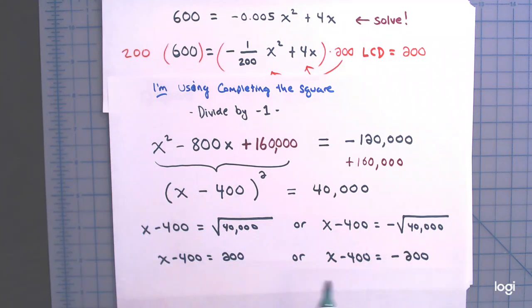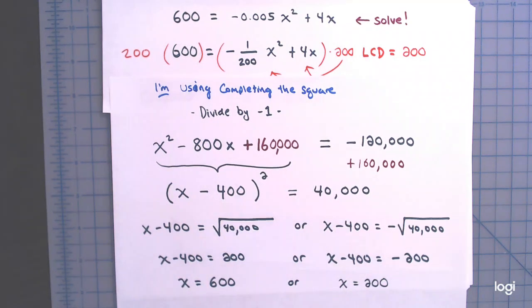So if I add 400 to both sides here, we get x equals 600. Or adding 400 to both sides here, we get x equals 200. And then check them. Don't forget to check them.